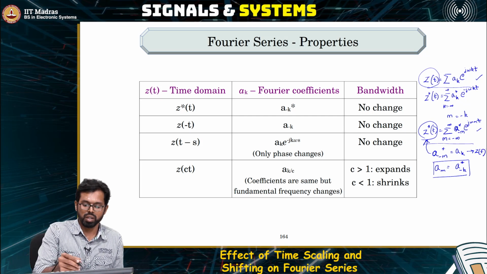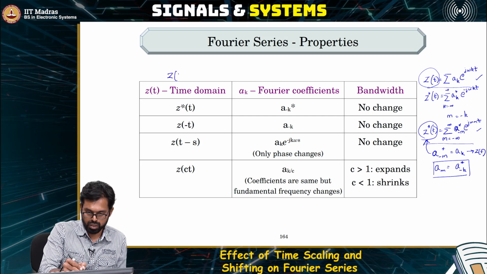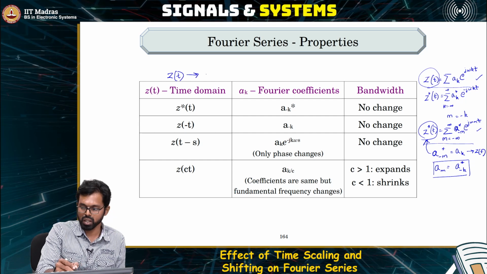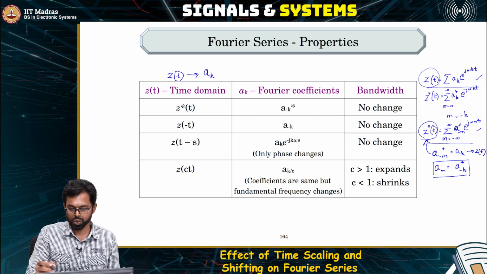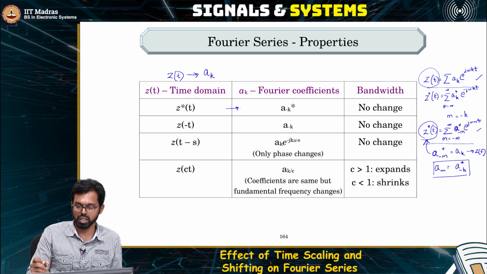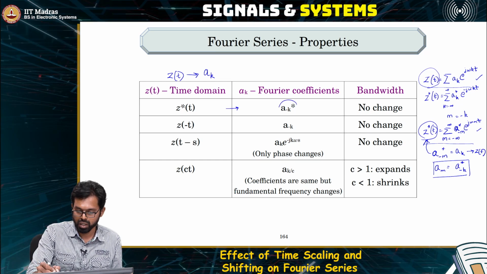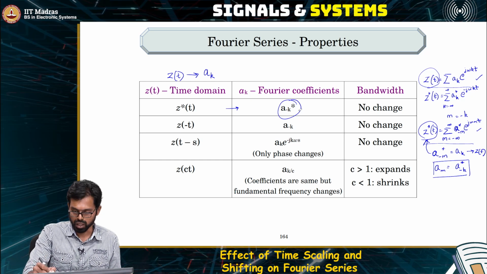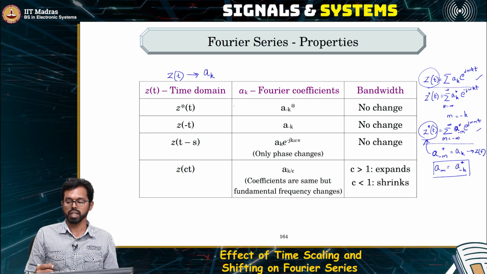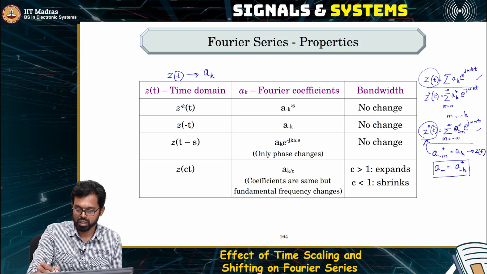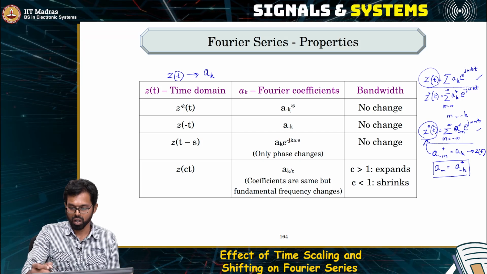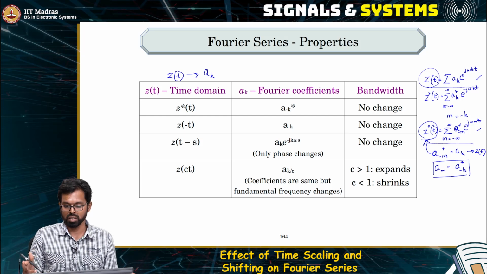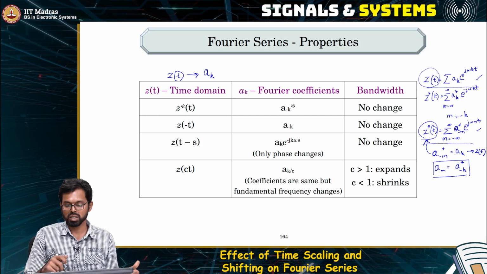So if z of t has Fourier series coefficients given by a_k, then the Fourier series coefficient of z star of t is simply a minus k star. So when you take the conjugate, the Fourier series coefficients not only get conjugated, but they get reversed in terms of frequency.